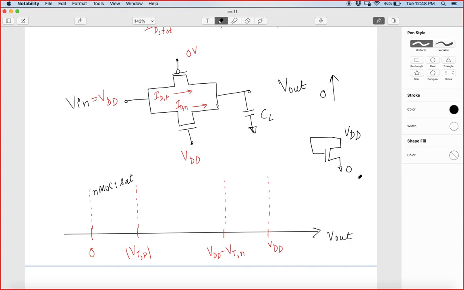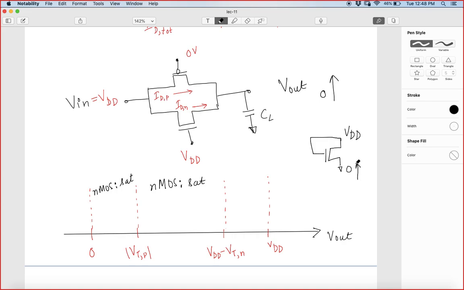Now I am slowly increasing this voltage. Even if it crosses this point, in this region it will still be in saturation region, because even if this voltage has increased to VTP, the VGS is VDD minus VTP, so it will still be in saturation region.